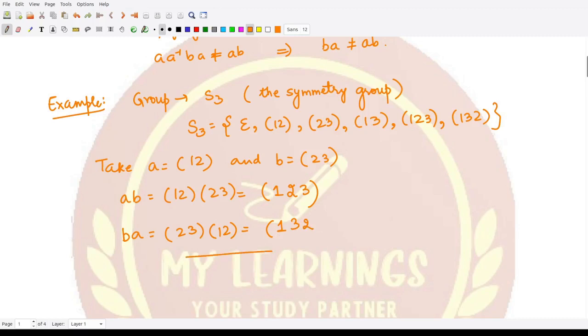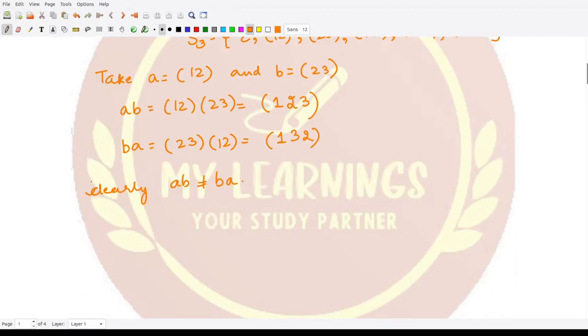What about the member 2 when you walk from right to left? 2 here goes to 1 and there is no such 1, so 2 finally goes to 1. So we have our cycle as closed, right? So here you can see clearly that AB is not equal to BA in this case, and hence we are done.